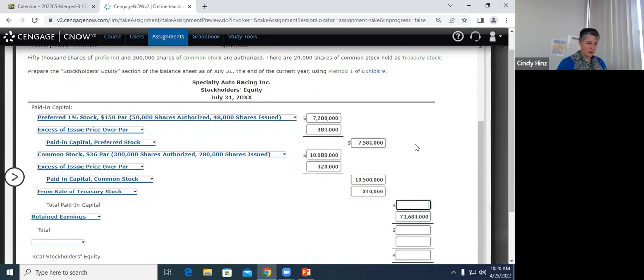I just copied it wrong from the top of the problem.